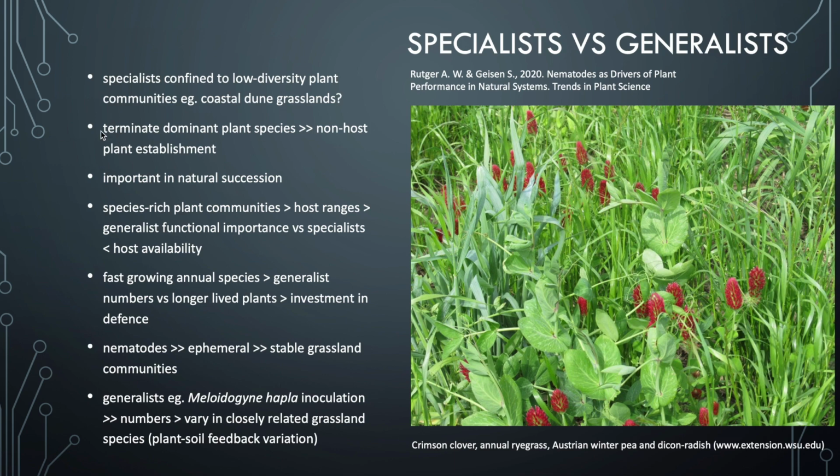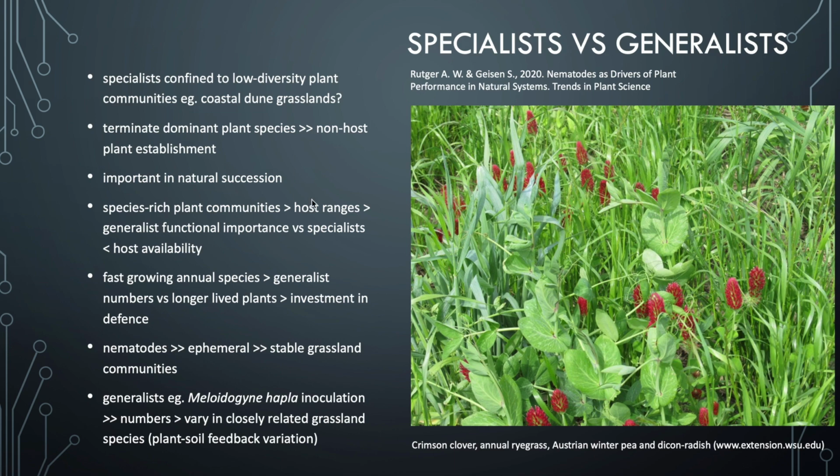They consume quite a lot to the detriment of the plant species that is dominant, and then this reduces the dominance of those plants, and therefore through the process of natural succession, new plants come in that are not host to these nematodes, and this allows the establishment of a new plant community.